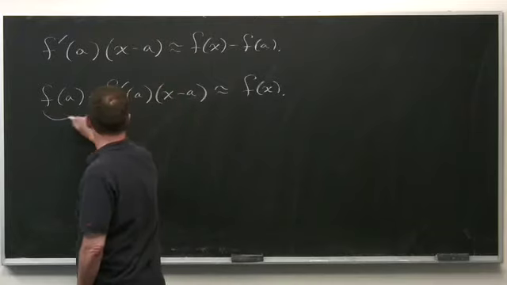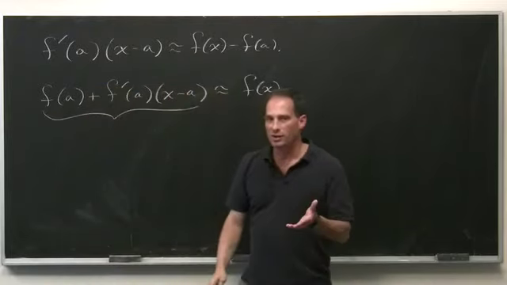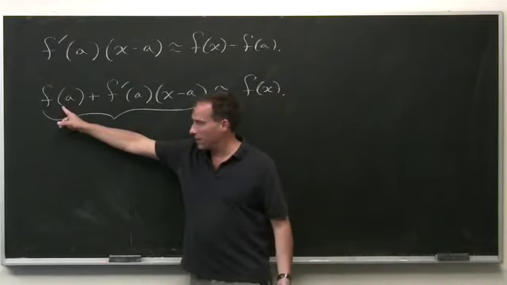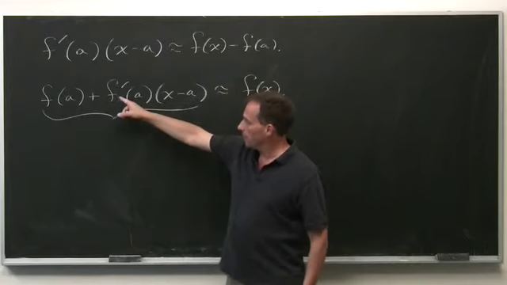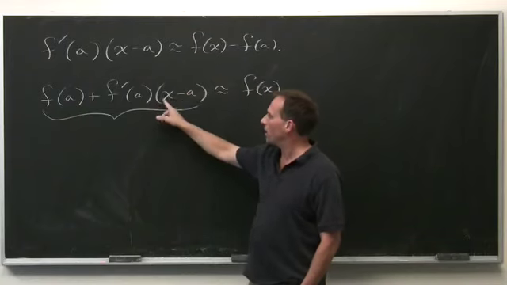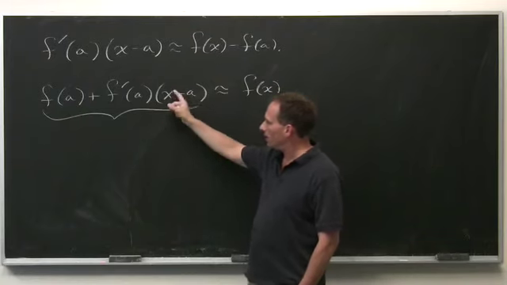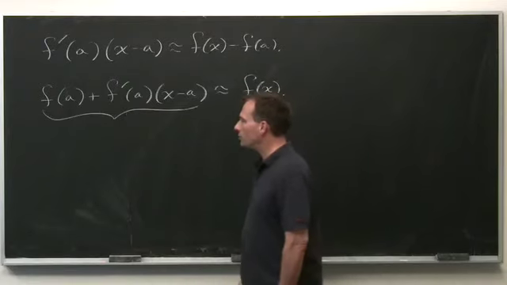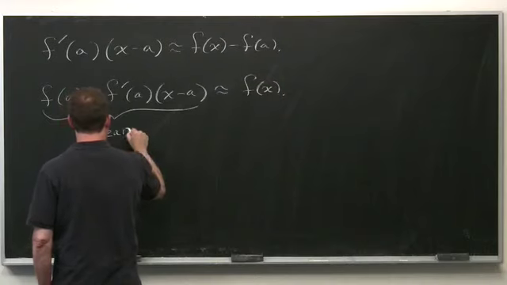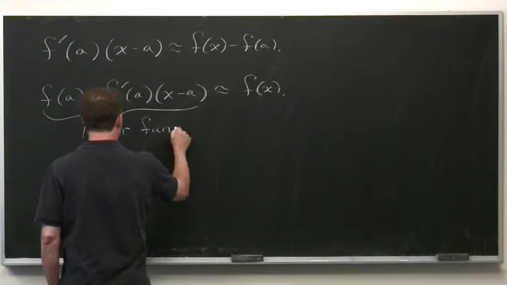So this is some very simple function of x. If you fix an a, then f of a is just some constant, f prime of a is some constant, and a is a constant. This is just some linear function, some constant times x minus a constant plus a constant, something of the form y equals mx plus b.